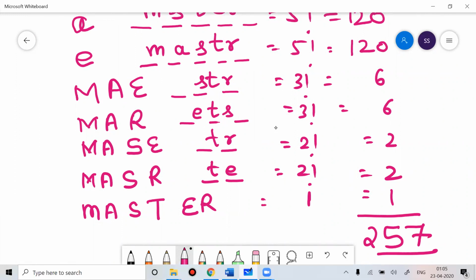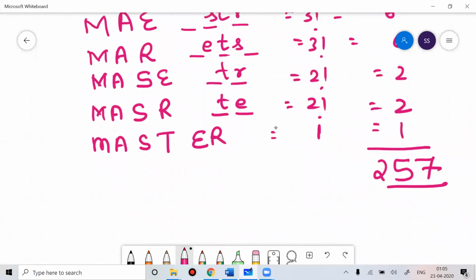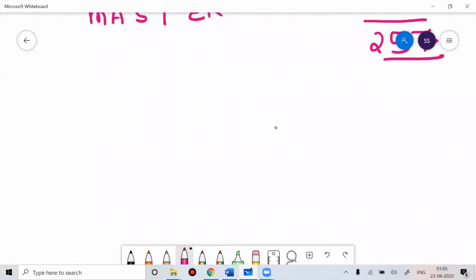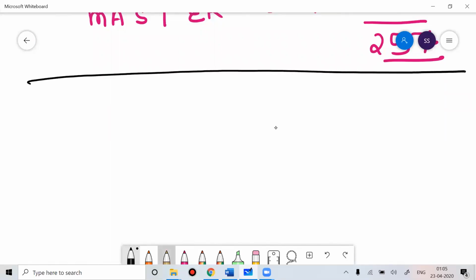Now I'll take an example where there is a repetition of letters. So let's take an example, a dictionary problem, ranking of a word with repetition.